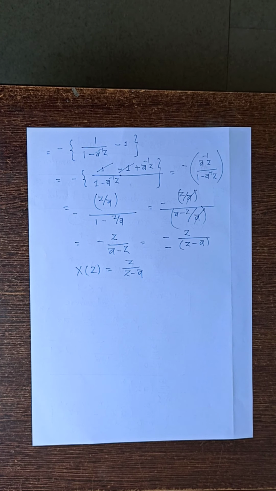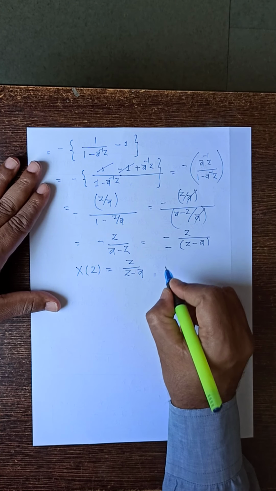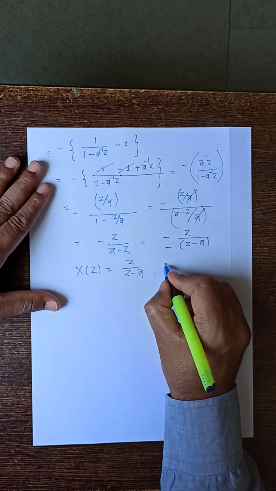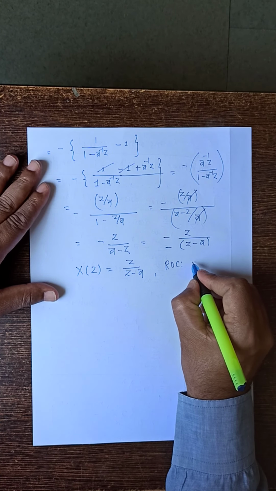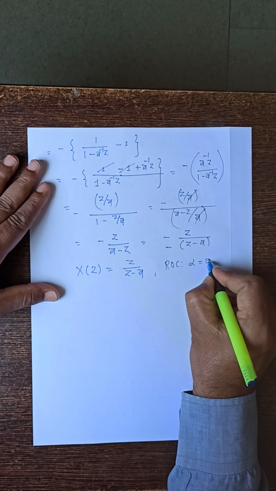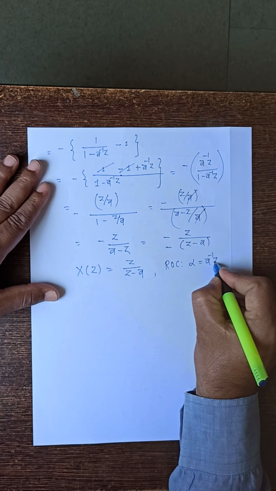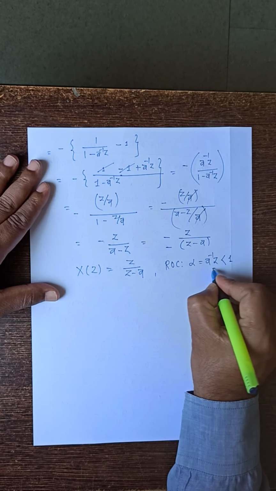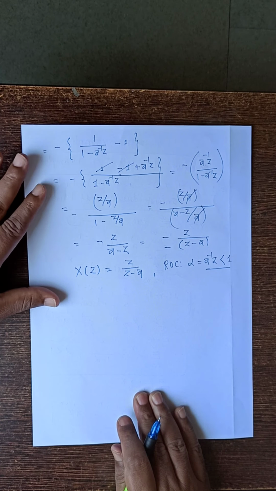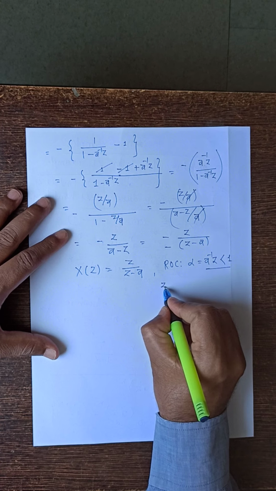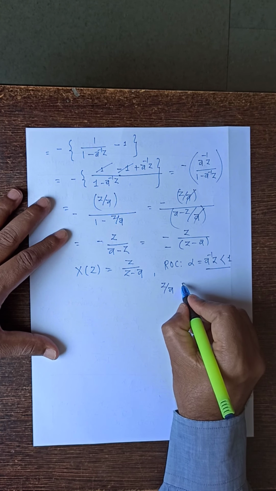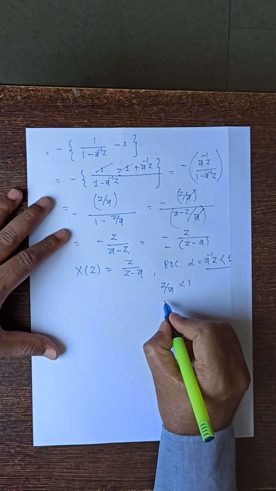Now if you see the alpha in this case, what is alpha? For determining the ROC, it is determined by the value of alpha, that is a raised to minus 1 z, which should be less than 1. Okay, we'll check it. So this can be written as z by a should be less than 1.